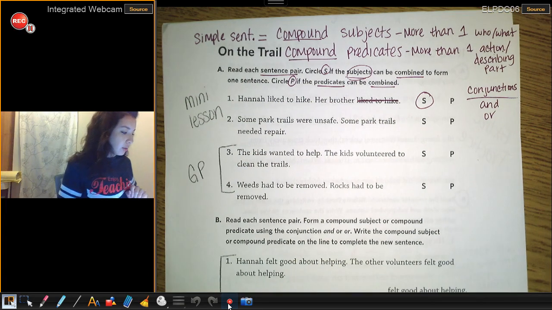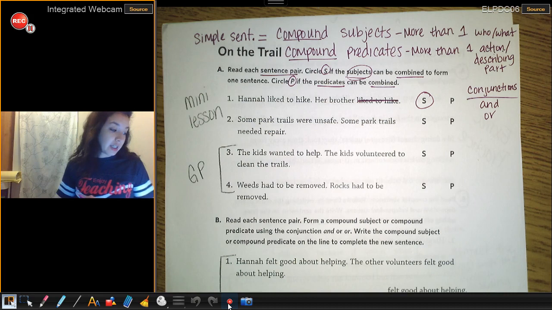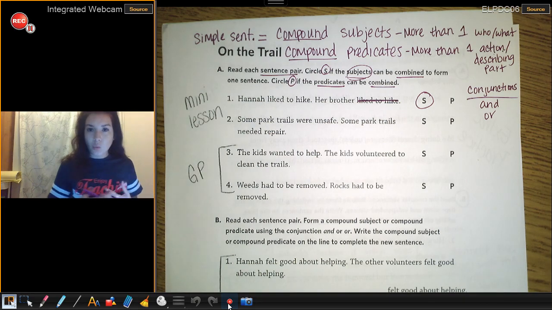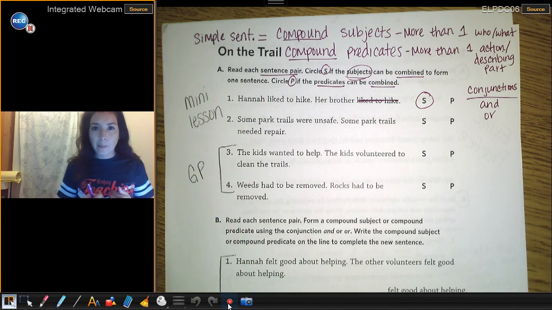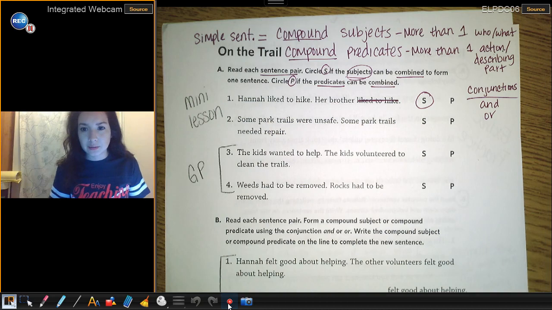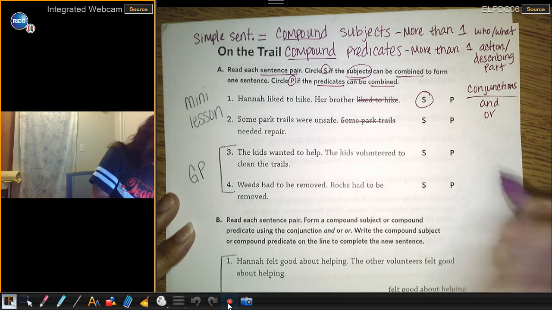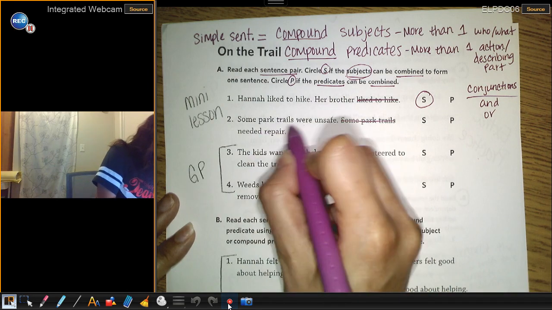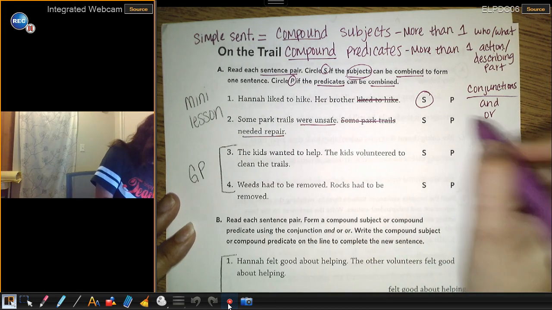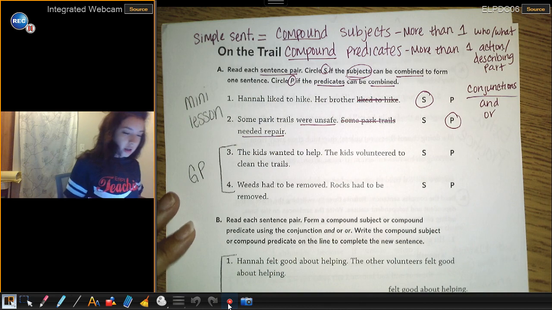Let's look at number 2. Some park trails were unsafe. Some park trails needed repair. What's being repeated that we can take away, and what can we combine? Well, we can take this out and we can combine our predicates, right?